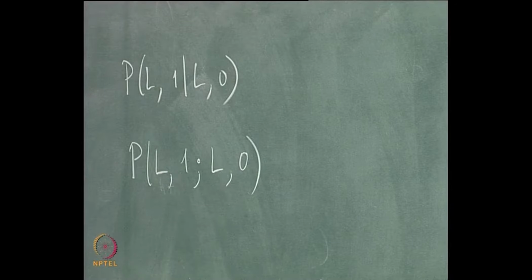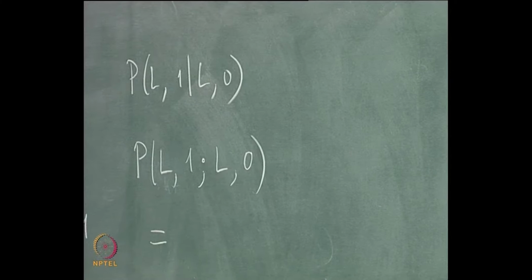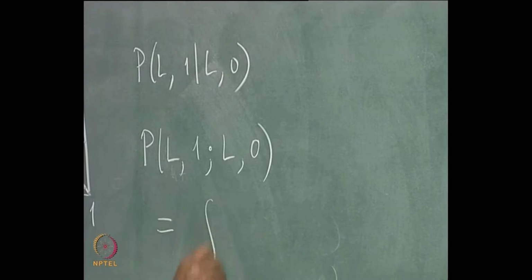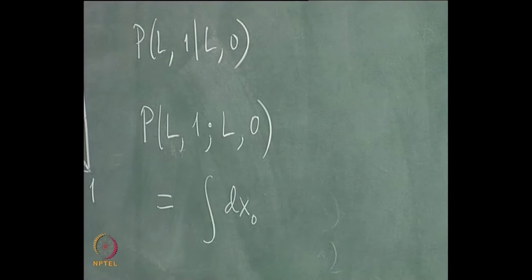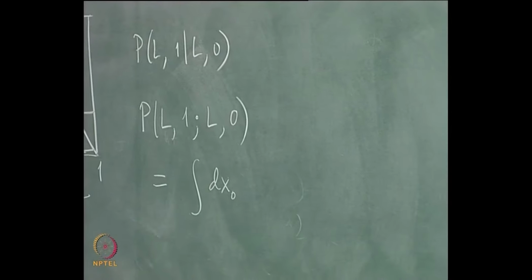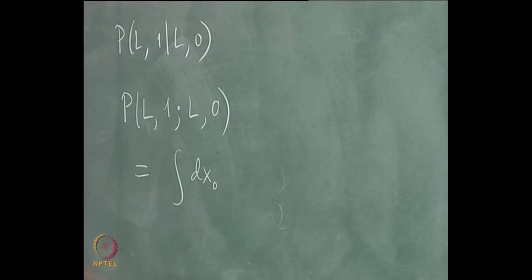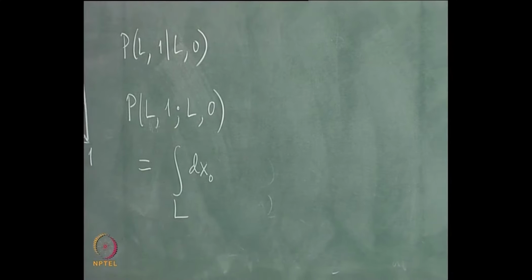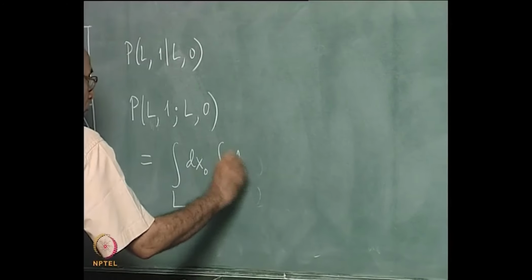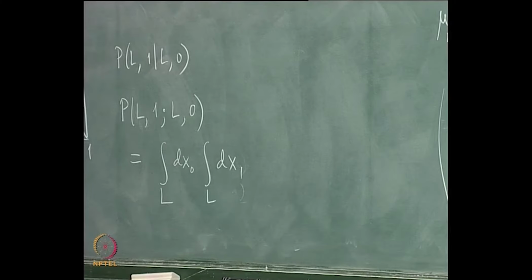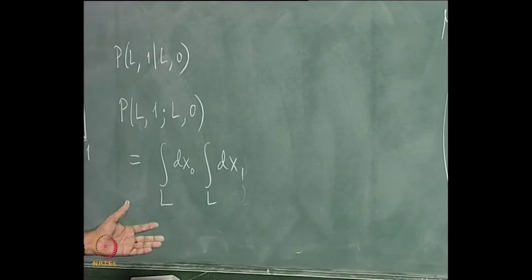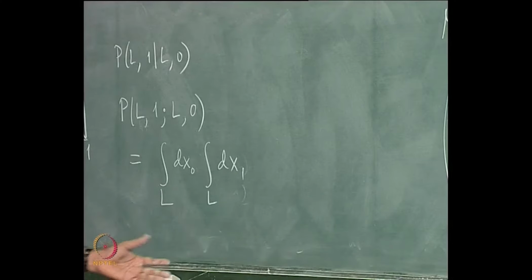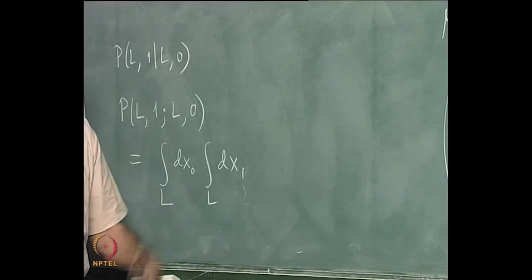So I start with this quantity here and ask what is this joint probability, and this, as you will see intuitively, is equal to an integral over dx naught, suppose x has the value x naught at 0 time, so it is an integral over dx naught over the L cell, an integral over dx1 over the left cell multiplied by what? Since x is continuous, we are talking about probability densities.